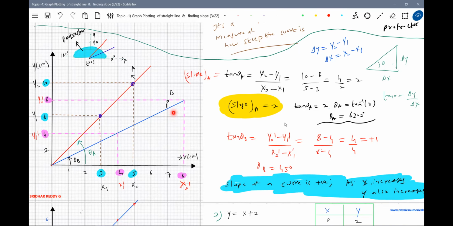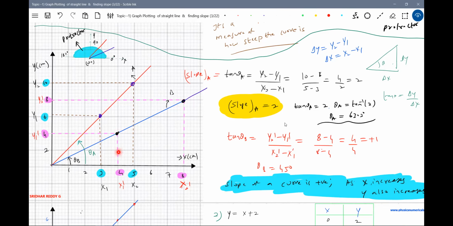For the straight line B, again, I'll choose 2 points on the straight line. So what are the 2 points? The 2 points are here. Now look at these 2 points. Corresponding to that point, look at the value of x1.